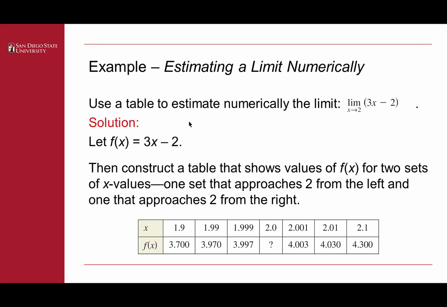So we are getting closer and closer to 4. And for the right hand side, if we give 2.1 for x, we will get 4.3 for f of x. And if we set x as 2.01, then the result will be 4.03. And for 2.001, we will get 4.003.